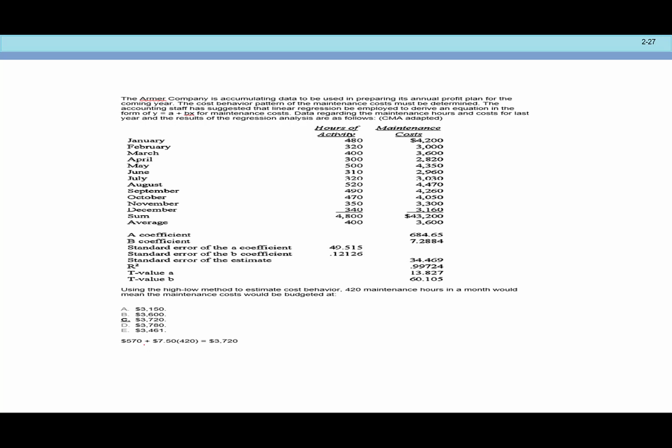Now, this question gave me readouts of regression analysis. They did a regression analysis, and this was the readouts. But when you read the call of the question, it says using the high-low method to estimate cost behavior, 420 maintenance hours in a month would mean the maintenance cost would be budgeted at, okay, so let's just use the high-low method.